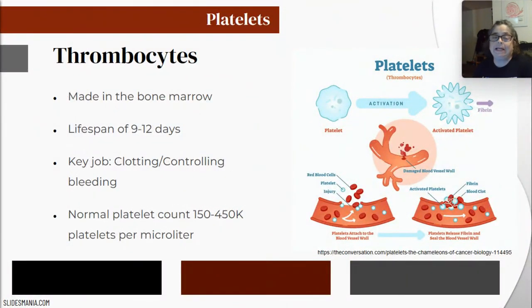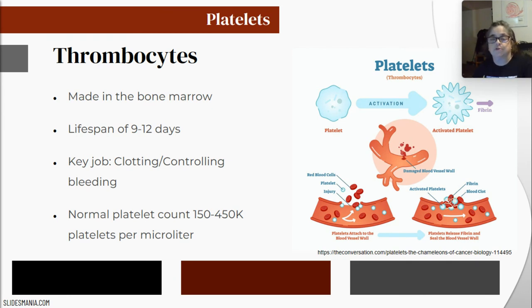Moving on to platelets, also known as thrombocytes, again made in the bone marrow. They have a lifespan of roughly 9 to 12 days. And their key job is to keep us from bleeding to death if we get injured or cut. So clotting, controlling bleeding, is really key.